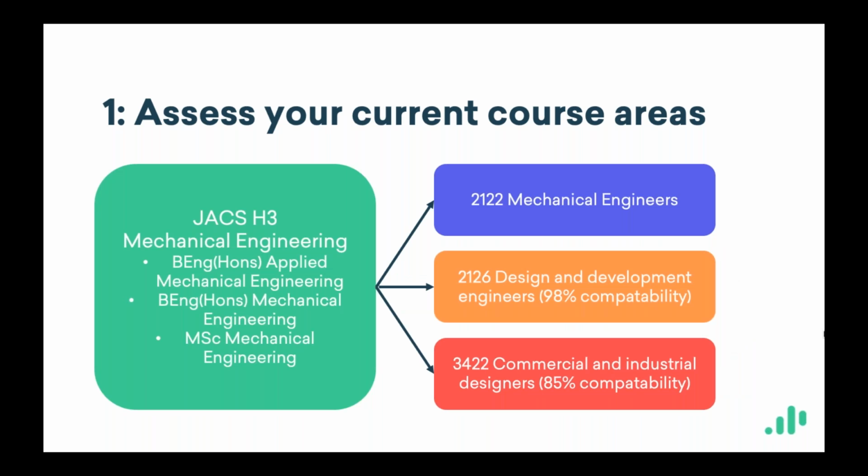So if we take, for example, JACS H3, which is mechanical engineering, you may have various programs that fall into that category: BEng applied mech eng, BEng mech eng, or a master's mechanical engineering. So all of those could come under that JACS code.